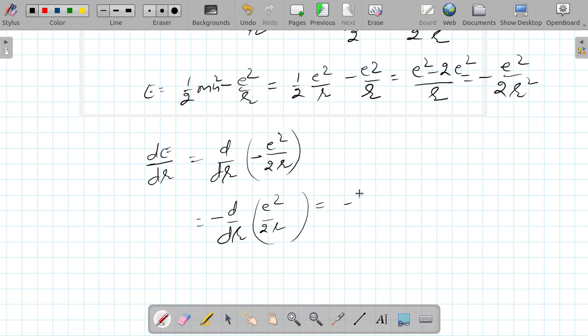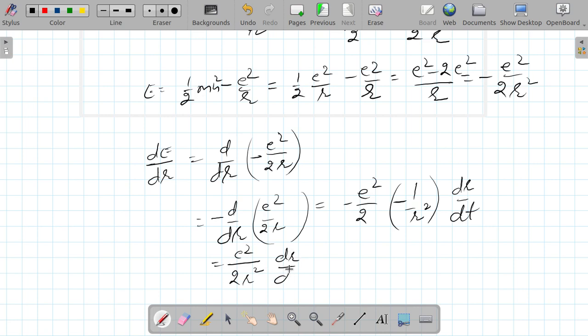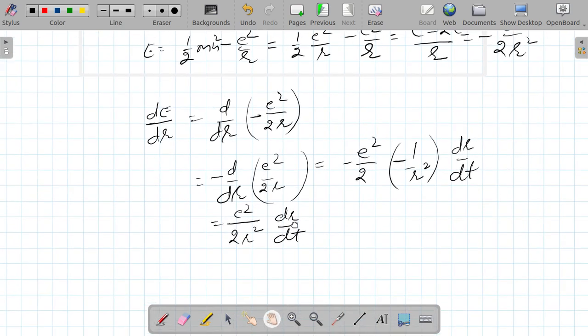So it is minus e square by 2, and 1 by r is there, and its differential will be 1 by r square, but r is further a function of time, so I will write it as dr by dt because r is changing with time. So it is e square over 2r square and dr upon dt.